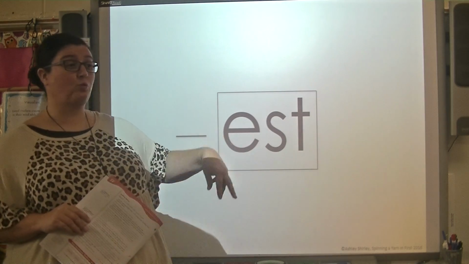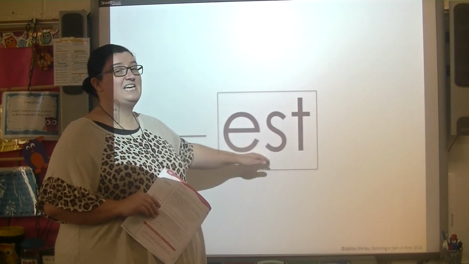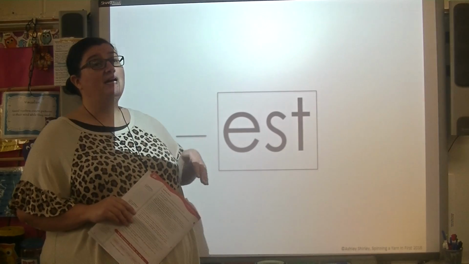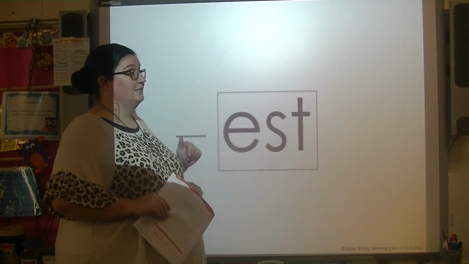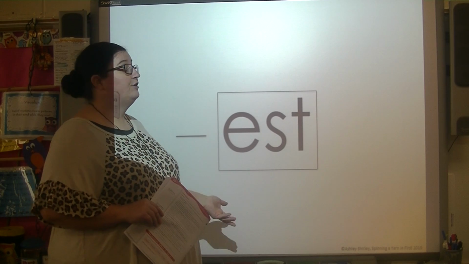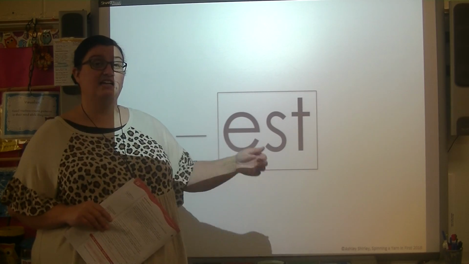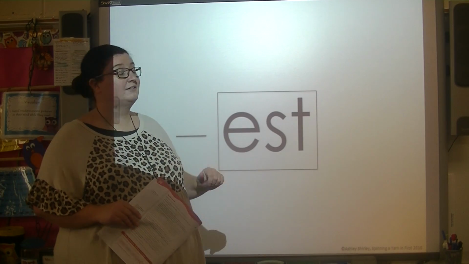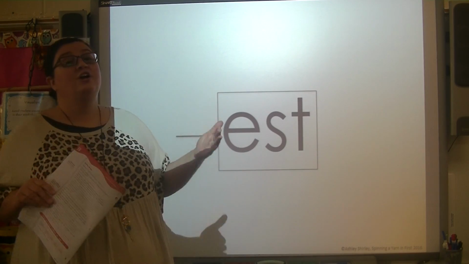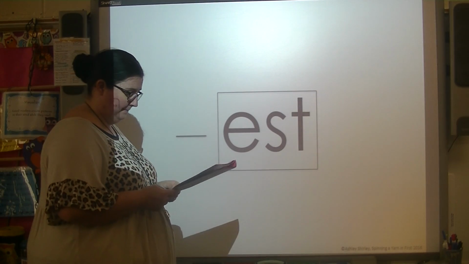So if you add 3 or more things that you're comparing in, you would use EST, meaning the most. So if it's the most of something, you would use EST. So softest, tallest, smartest. EST compares 3 or more things.